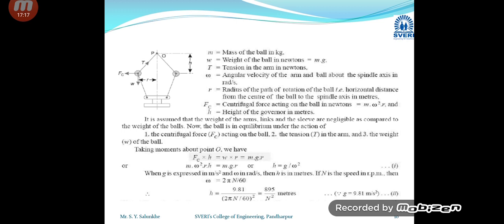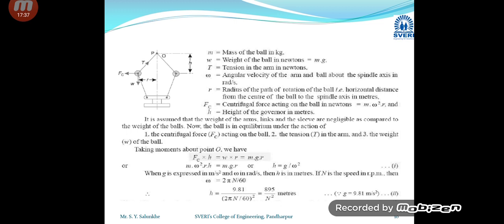So we put the value of omega in terms of N, and we get h is equal to 895. This is a constant which comes from 9.81, 2 pi, and 60.